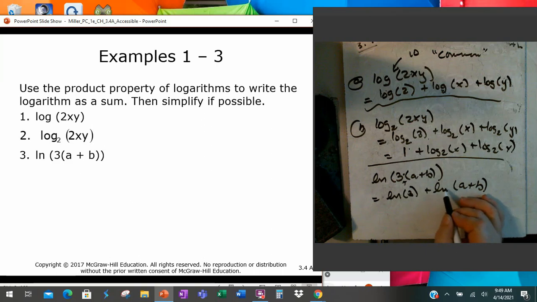You would like to go, oh, well, that's ln of a plus the ln of b, but it's not. You can't break this thing apart. The ln of a plus the ln of b is really the ln of a times b. So this piece of it is simplified. You stop at that point. There's nothing you can do with an a plus b. Okay? So that's fully simplified.